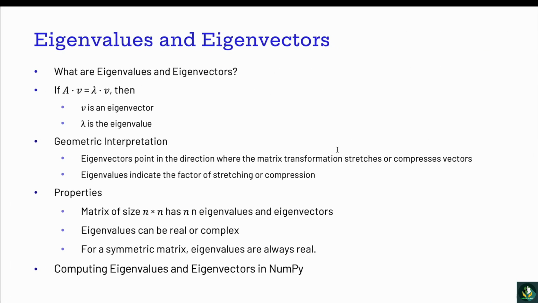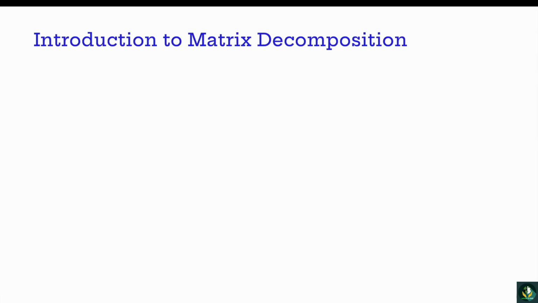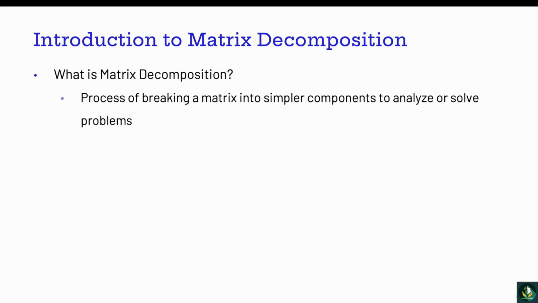Next, I want to talk about an introduction to matrix decomposition. Now first, what is matrix decomposition? Matrix decomposition is a process of breaking a matrix into smaller components to analyze or solve problems. For that we have singular value decomposition or SVD.